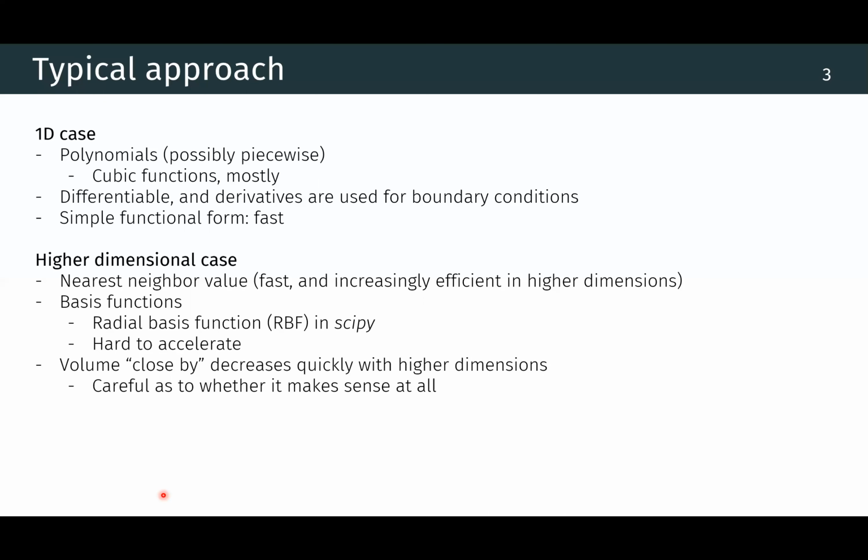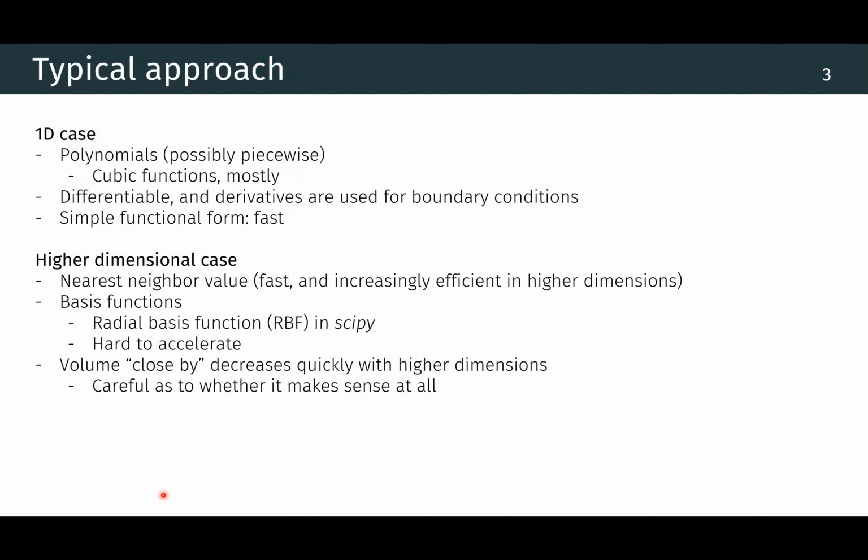And they're so cheap because all I need to do is calculate the distance to other points, and this is a very efficient calculation. It's just the L2 norm or whatever other metric you come up with. And there are clever ways to make this evaluation fast. So in particular, in very high dimensional space, maybe 10 upwards, nearest neighbor values are very hard to beat. So that's a common trick in that case.